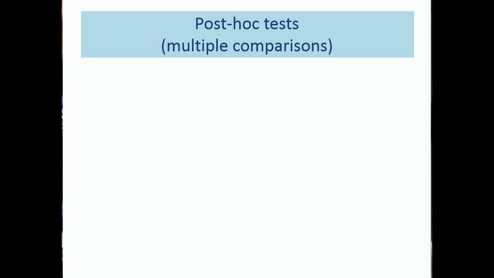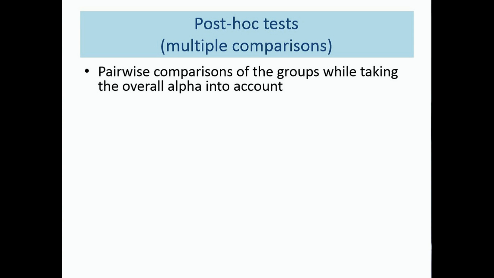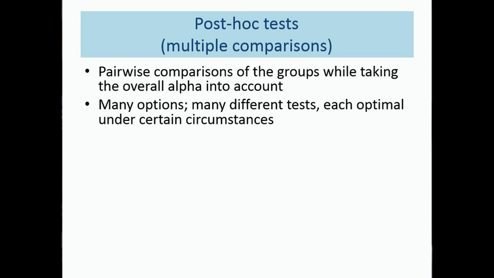That's why we look at so-called post hoc tests, also called multiple comparisons. We will make pairwise comparisons of the groups while taking the overall alpha into account. There are many options to perform post hoc tests. There are many different tests, each optimal under certain circumstances.